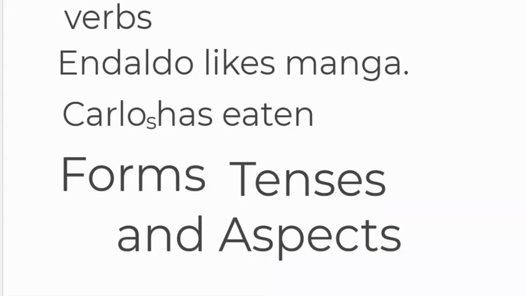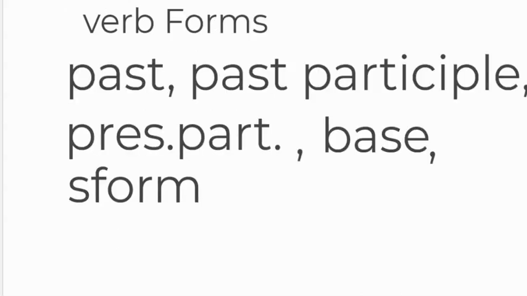How many verb forms do we have in English? You've already given me two. In order to be able to teach them, we have to understand the concept form, we have to understand the concept tense, and the other concept is aspect, right?